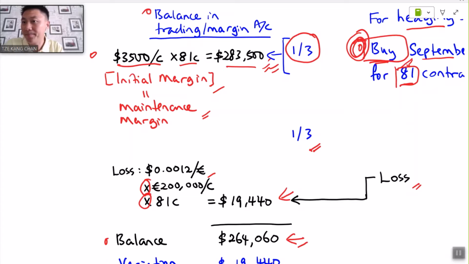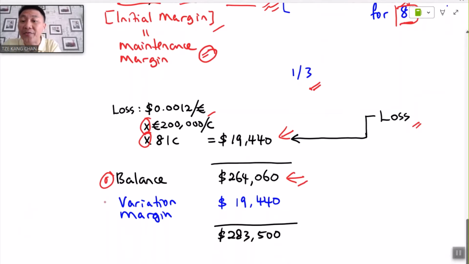264.06 thousand. When the balance falls below the maintenance margin, that is when a variation margin is required to be deposited into the margin account by the hedger. The amount of the variation margin is exactly the same as the amount of the loss suffered.